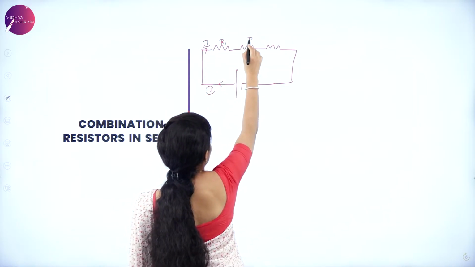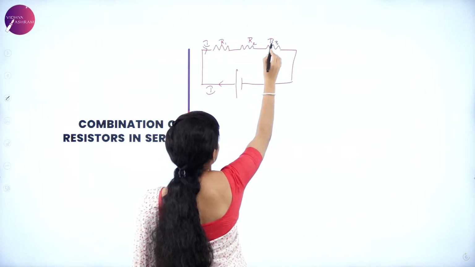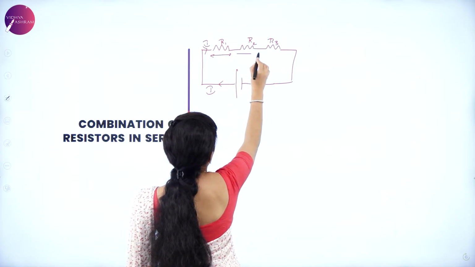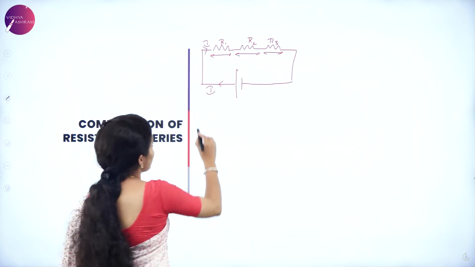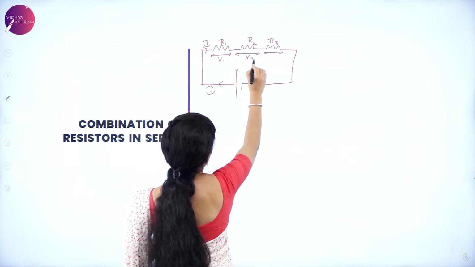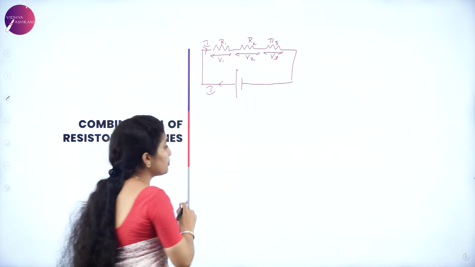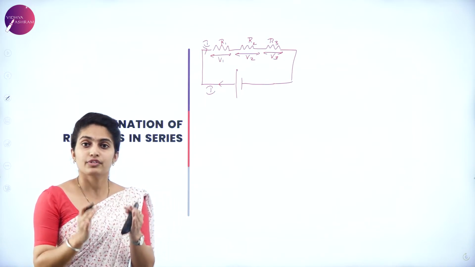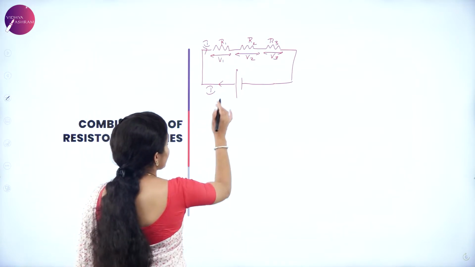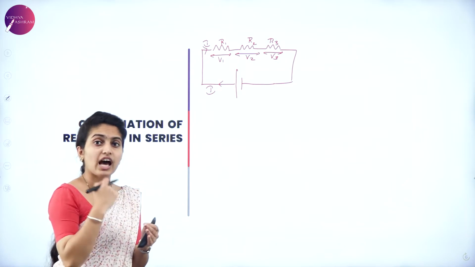This is R1, R2 and R3, and there is a potential for each and every resistor. Call it V1, V2, V3. There are different potentials for each resistor. Okay. So now we will have to calculate.